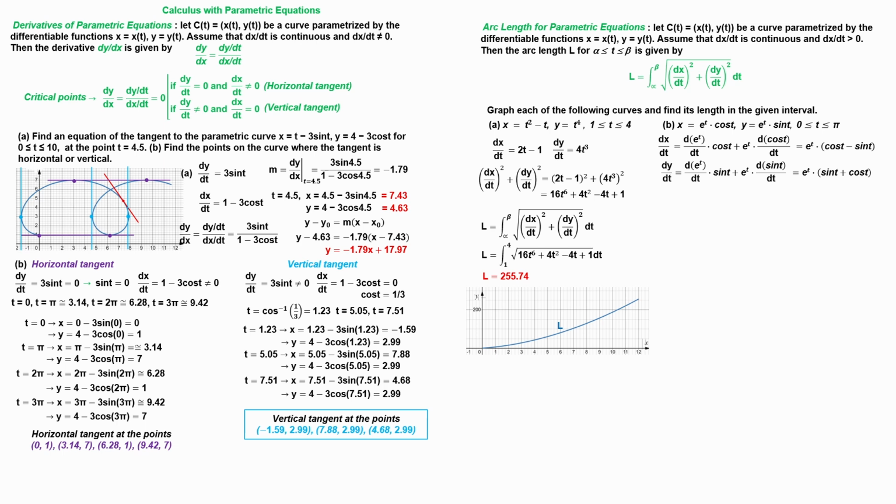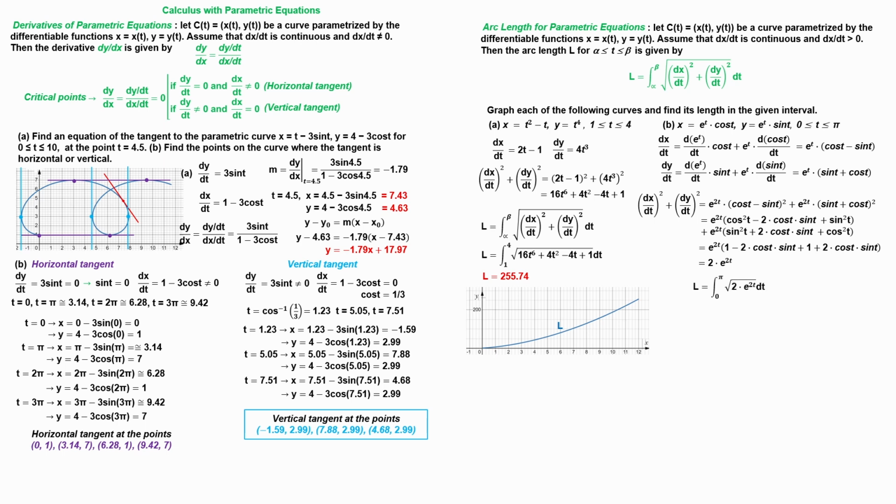Next, we sum the squares of the derivatives of the parametric functions and simplify the expression to prepare for integration. Fortunately, this integral is much easier to solve.